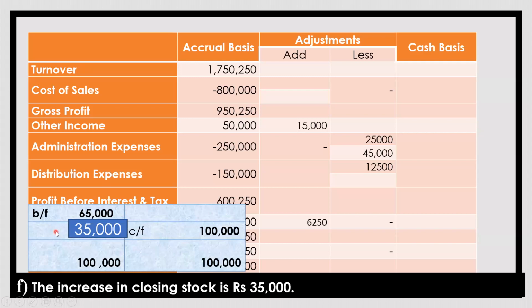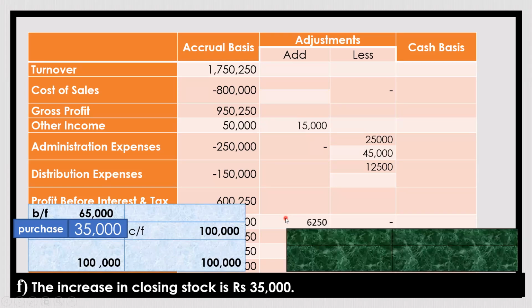Now this 35,000 reflects how much inventory we have purchased during the period. We know that if the inventory balance increases, it is mainly due to purchases. So the purchase figure is 35,000. So let's see the relevant account. In the purchase account, we are going to credit stocks 35,000.